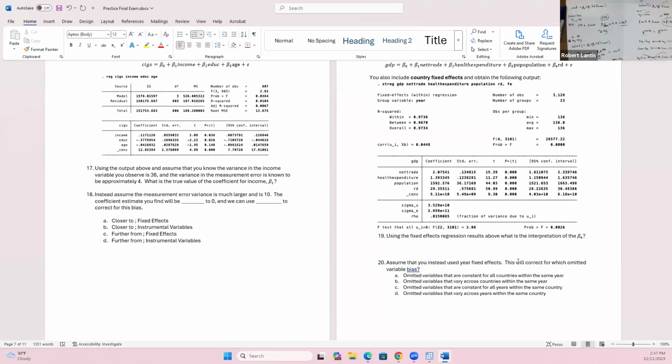So if I instead was looking at universities and had university fixed effects, it's holding constant anything that's time invariant about that university. So if I'm interpreting a coefficient from a fixed effects model, I need to add that I'm holding constant the time invariant factors specific to whatever that fixed effect was. In this case, specific to that country.